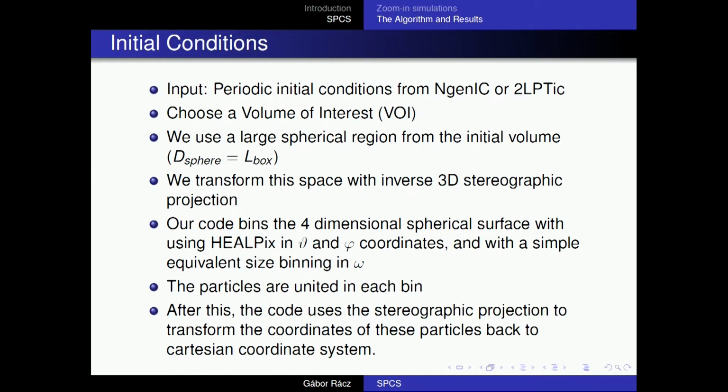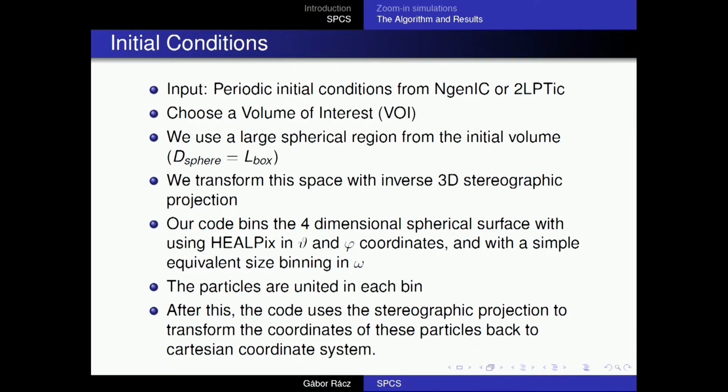We choose the volume of interest in these ICs, and we use a large spherical region from this initial condition, and we transform this spherical region into the surface of a 4-dimensional sphere. And on this sphere, we bin the data.